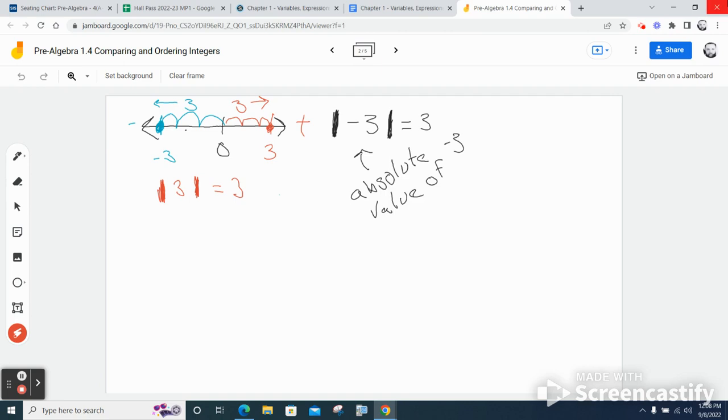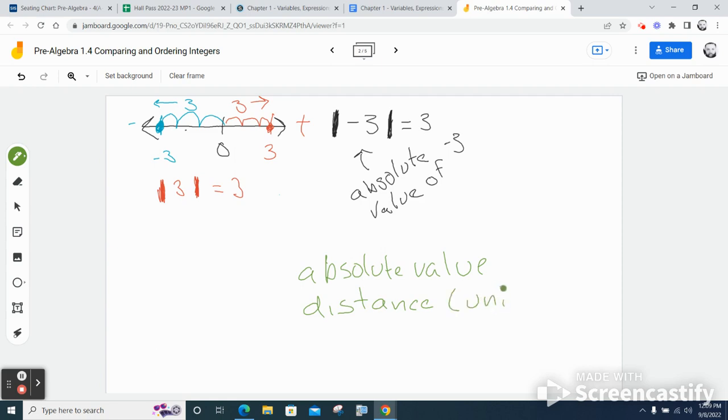Okay. All right. So now let's do one more thing. And I'm going to write this down, so add this in your notes. The absolute value is the distance traveled, and I'm going to say units.